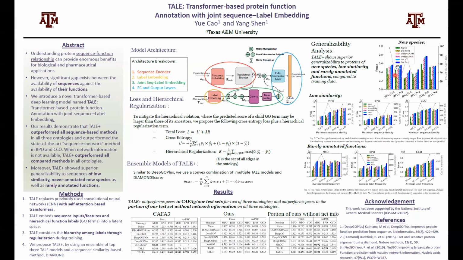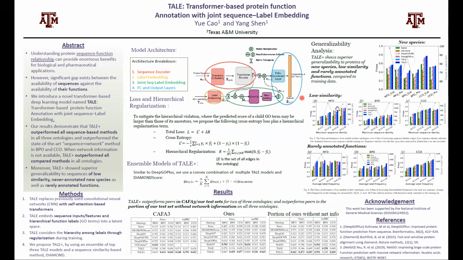These six splits are the proteins in the test set on three ontologies and on eukaryotes and prokaryotes with new species compared to the training set. As you can see here, based on the Fmax, TAIL and TAIL Plus reached superior performance compared to all its competitors on all the six splits.